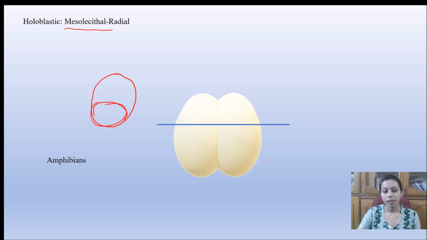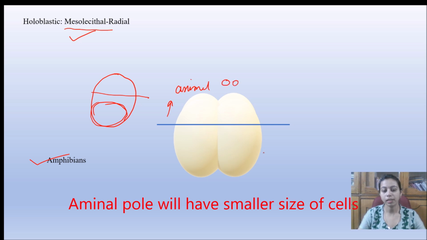So the cleavage will be shifted toward the animal pole, and such type of cleavage is seen in amphibians. So in mesolecithal, radial type of cleavage will take place, but after the 4 cell stage, when it enters into the 8 cell stage, the upper side, or the animal pole, will have smaller cells as compared to the vegetal pole.